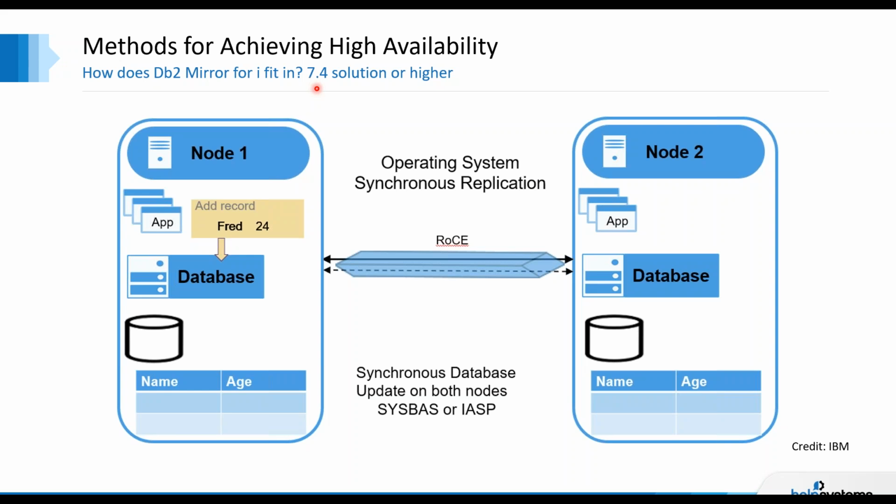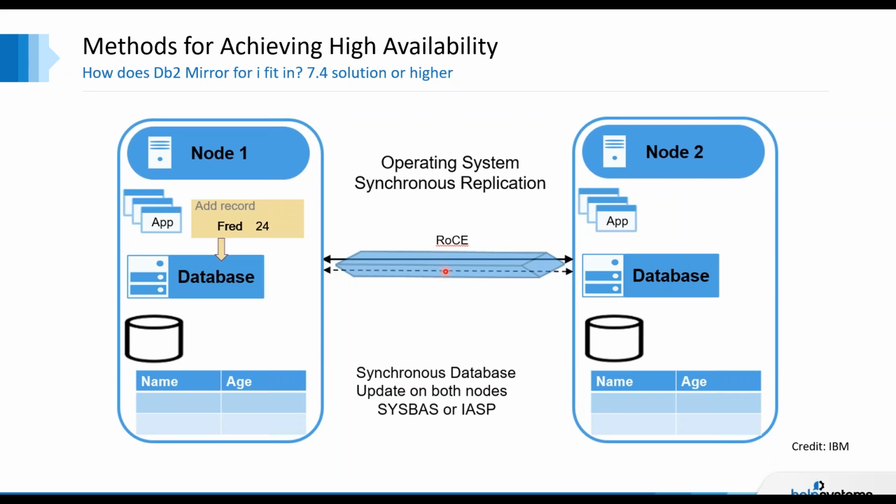DB2 Mirror for i is basically 2 nodes in the same data center that allow your applications to both read and write to 2 databases at the same time. And this bit's key, at the same time. The same time capability is provided by the OS using clever database technology and a new license program called IBM DB2 Mirror for i, plus a high-speed RoCE cable.